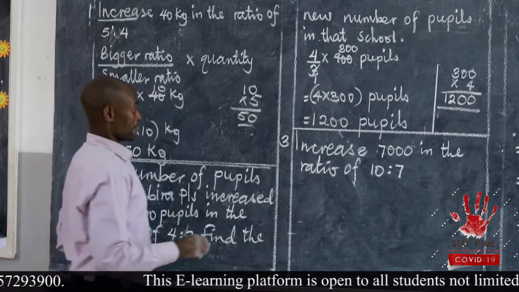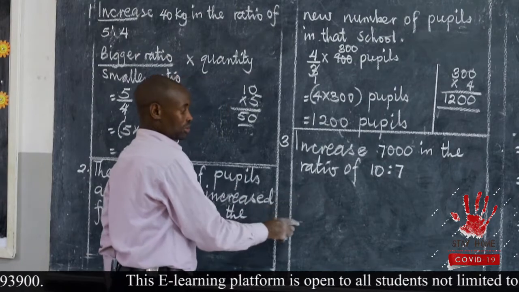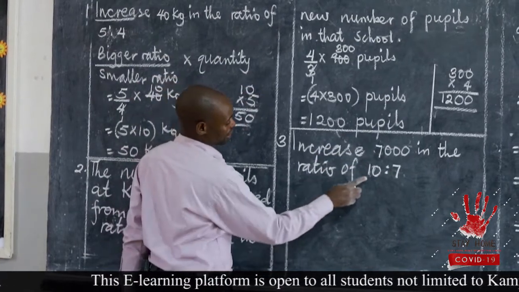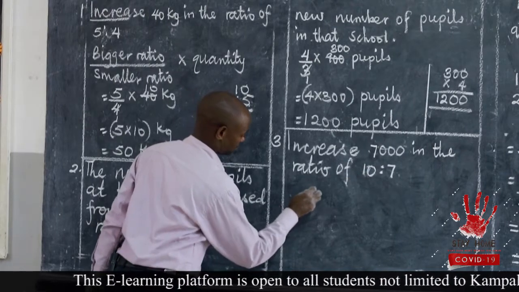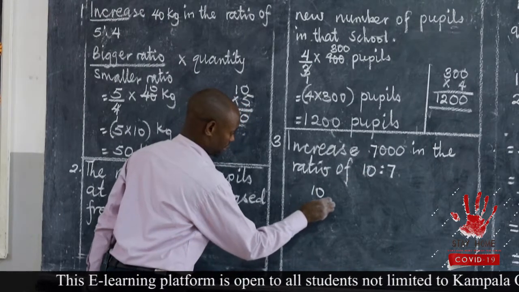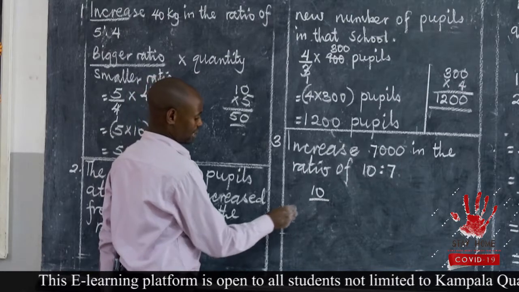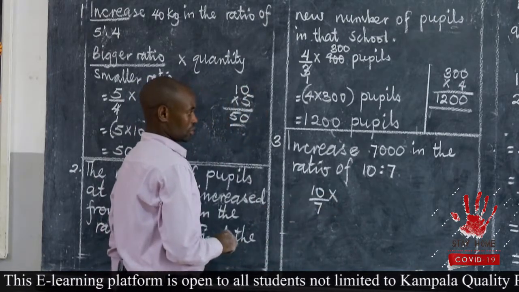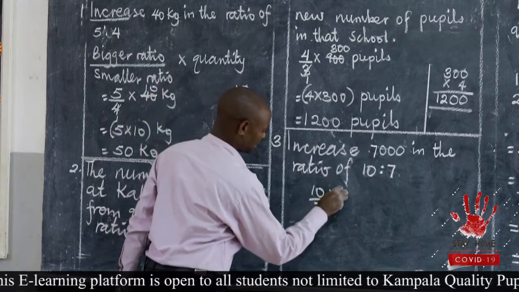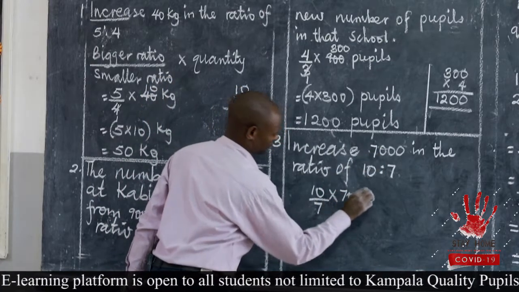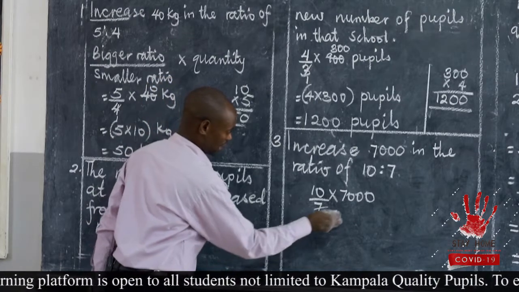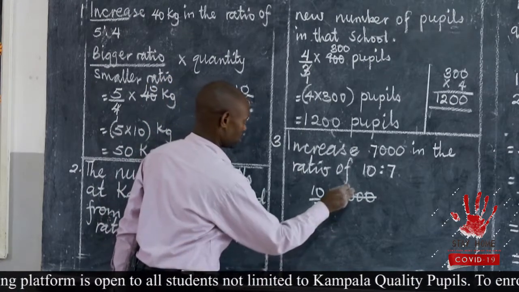See? I've told you that to increase, you get the bigger ratio. And in this case, what is our bigger ratio? It is 10, divided by the smaller ratio, which is 7. Then times. What is our quantity? Our quantity is 7,000. We don't have any units. So divide by 7, 1. Divide by 7, what do we get?